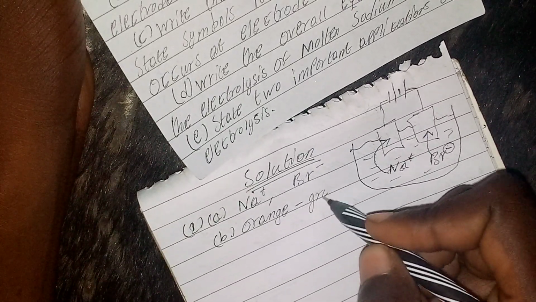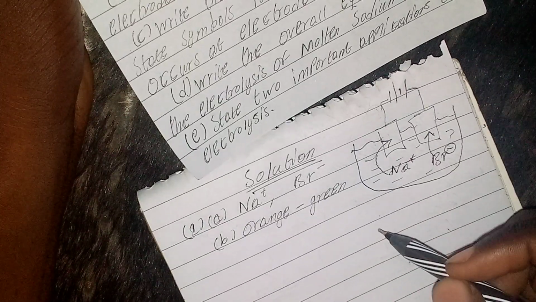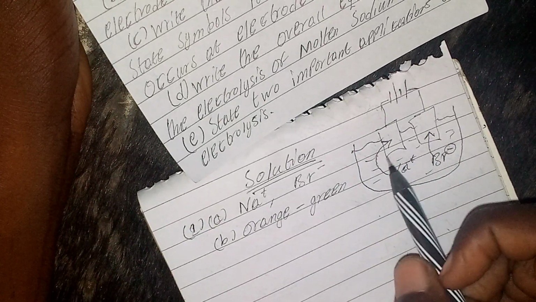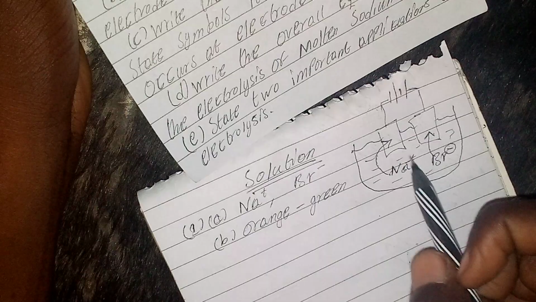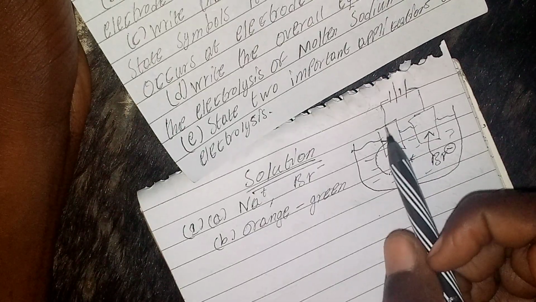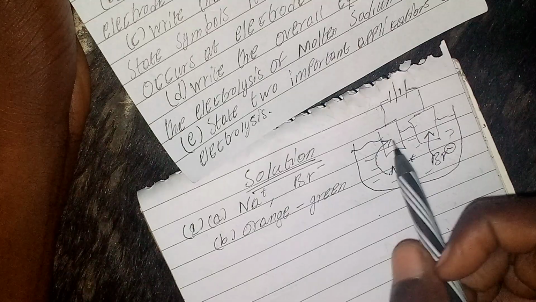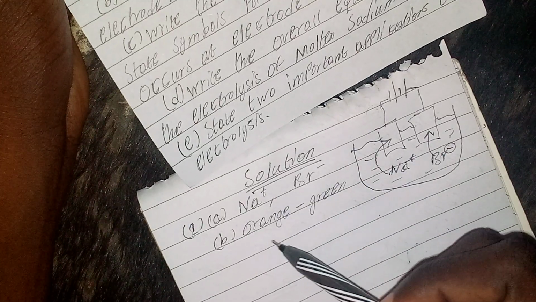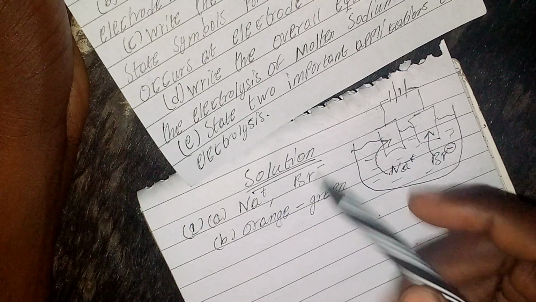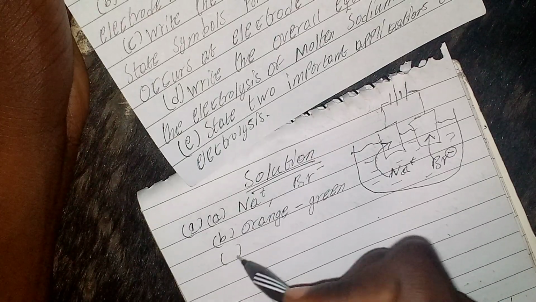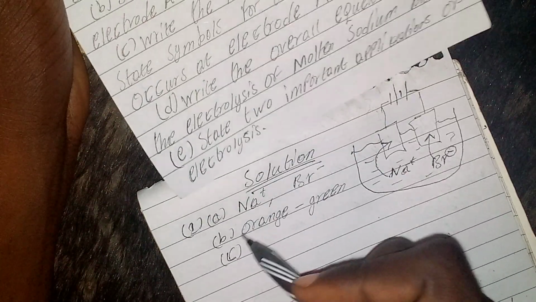To green. Why? Because the sodium will be formed, the mass of sodium will be formed at this cathode here. So what you will see is the color change from orange to green. Maybe.